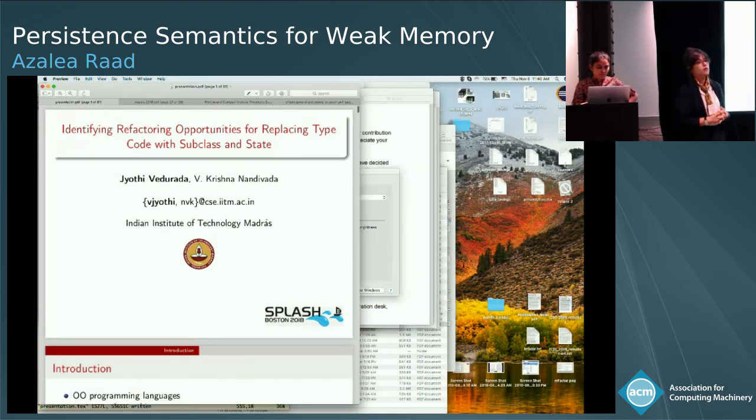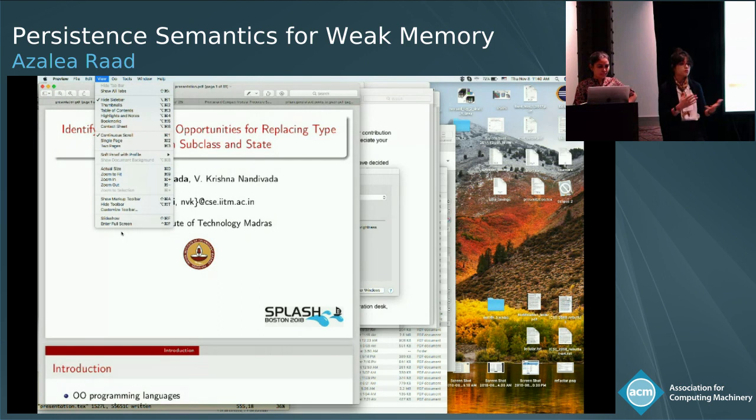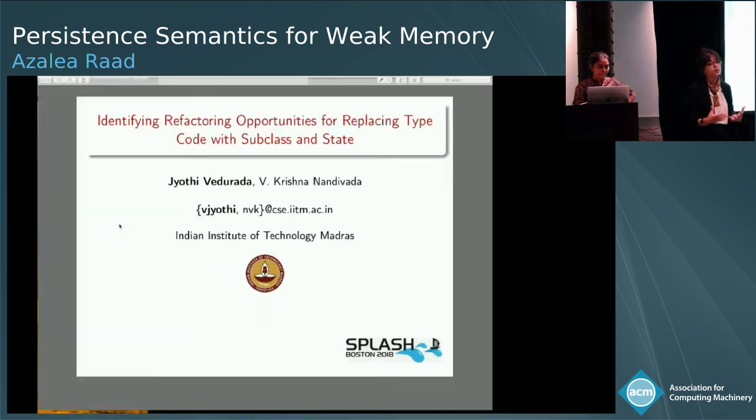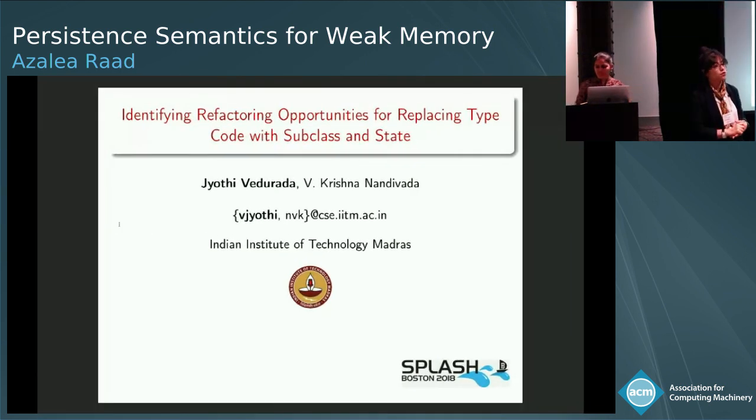The honest answer is that I don't have the formal definition of opacity in my mind, and this notion of persistent linearizability was not completely our invention. It already existed in the literature. We have adapted it for our model. But I do suspect that they are very closely related because, after all, opacity was to make sure that transactions that are aborted were behaving reasonably.